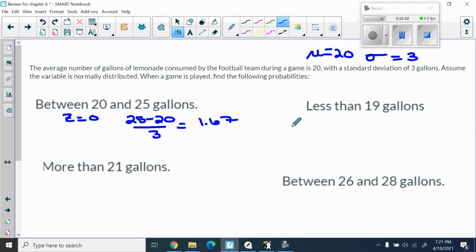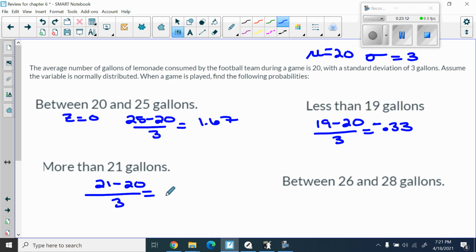Okay, so less than 19. Again, I'm just doing z-scores right now. So less than 19, it's going to be 19 minus 20 divided by 3, so that's going to be negative 0.33. More than 21 gallons, it's going to be 21 minus 20 divided by 3, and that's going to be a positive 0.33. 26 is going to be 26 minus 20 divided by 3, so that's going to be a z-score of 2.